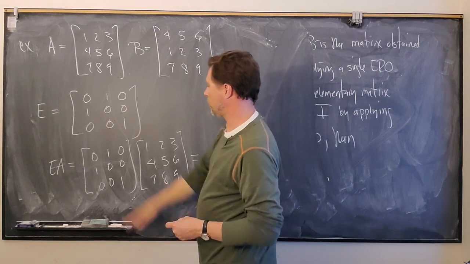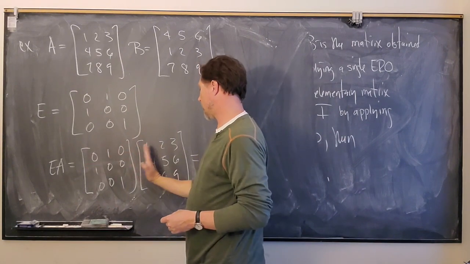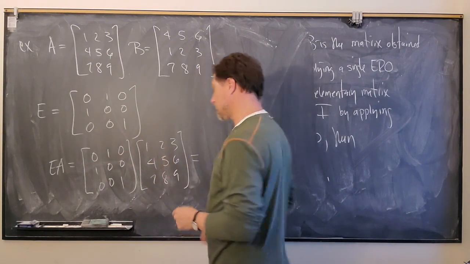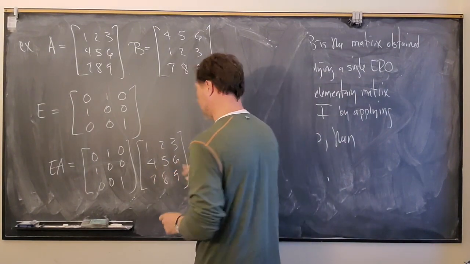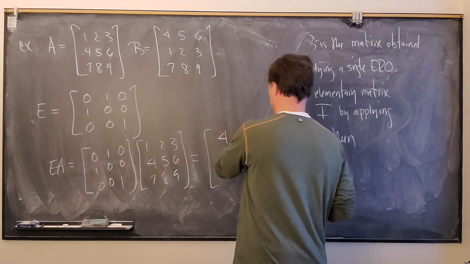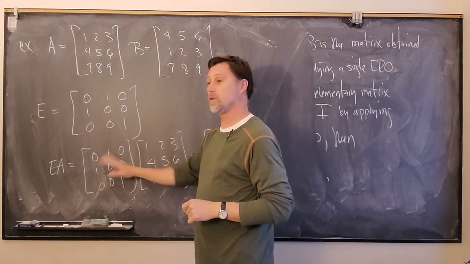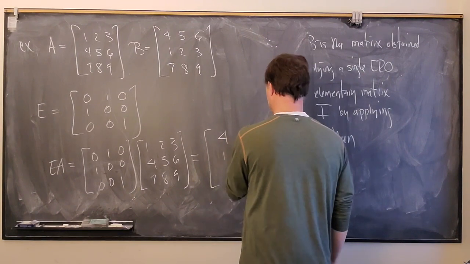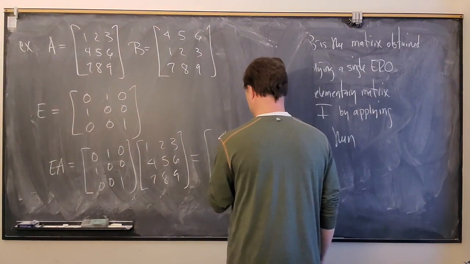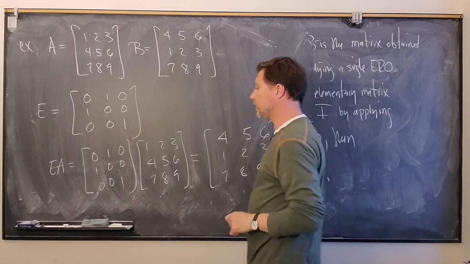I'm going to take the first row, dot it with each of the columns. And so what do we get? Well, I'm going to get 4, then 5, then 6. Now I take the second row, dot it with each of the columns. That will be a 1, 2, 3, and then we'll get 7, 8, 9. So you can check this multiplication right here.